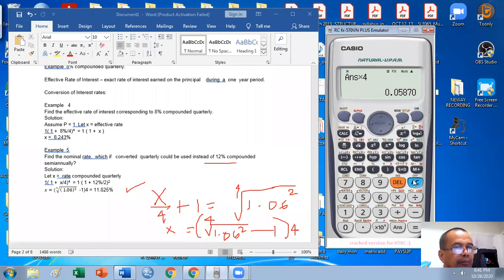That gives you the fourth root of 1.06 squared minus 1 and then times 4 gives you that 11.825%. Okay. Next.